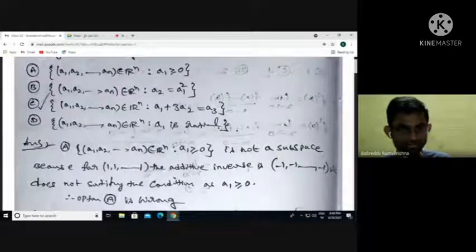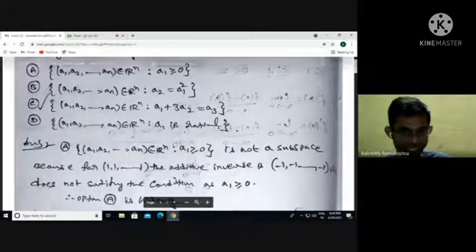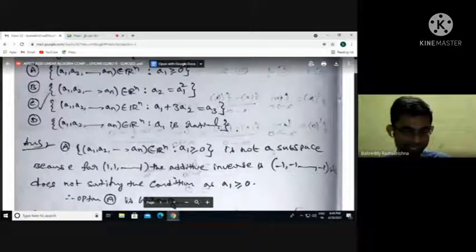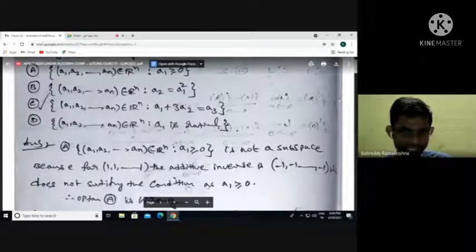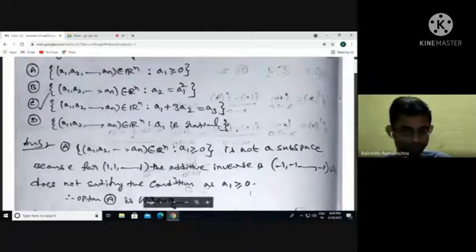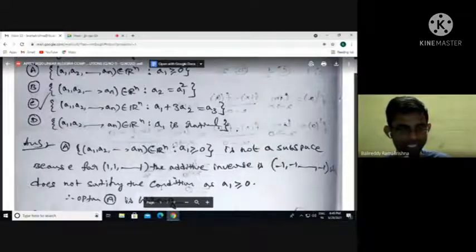The additive inverse is -1, and so on, -1, which does not satisfy the given condition because subspace means it satisfies condition. But here we have a1 as -1, which is not greater than or equal to 0. So it does not satisfy the subspace condition. So option number A is wrong.